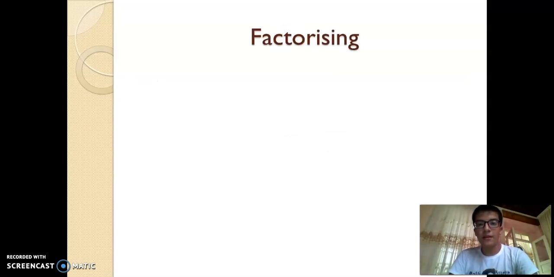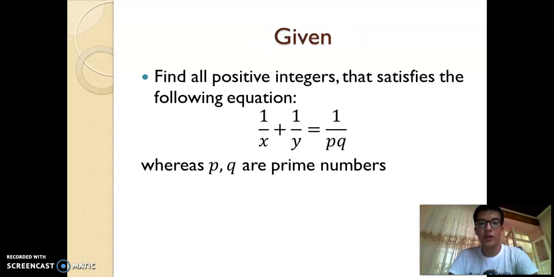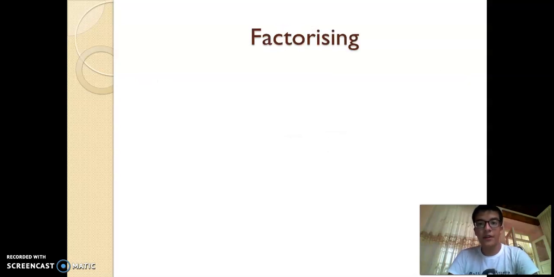And let's get started. What I would like to do with the following equation is first to simplify it and factorize.